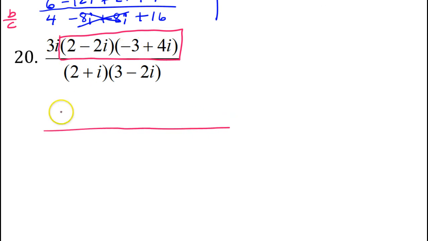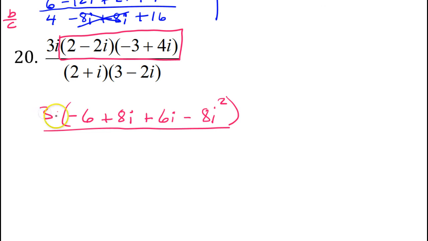If I distribute the 2, that's negative 6 plus 8i. Now distribute the negative 2i. That'll be positive 6i minus 8i squared.